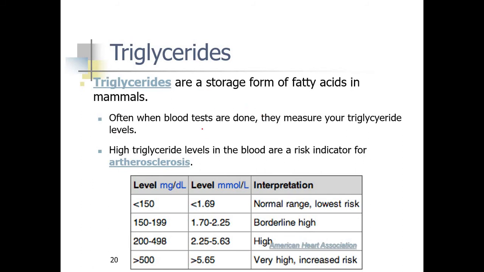So often, kung magpa-test ka sa blood, they also measure the triglyceride levels because this is a risk indicator for atherosclerosis. Okay? So, if you notice kung magpalab mo, naay triglyceride level pod na sa result. Okay?